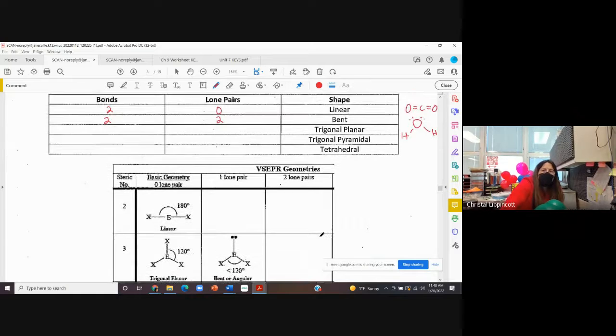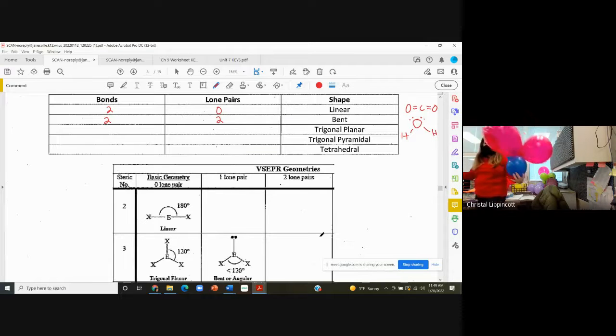All right. This is what that looks like. Where did that guy go? Here it is. Okay. So my lone pairs have more of an influence than my two atoms. So this would be like my hydrogens here. And this would be like the lone pairs of electrons on the oxygen.